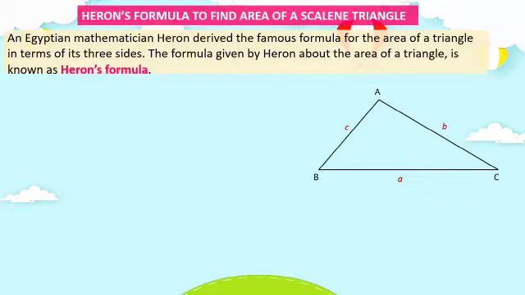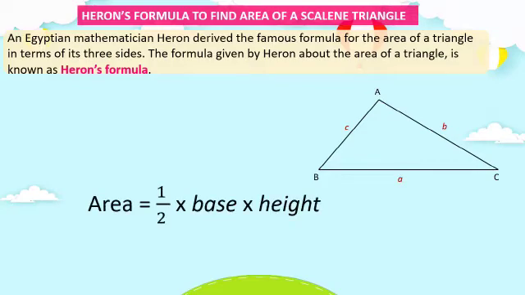Dear students, how do we find the area of a triangle? To find the area of a triangle, which formula do we use? We use the formula half BH. But look at the triangle. Can you see the height of the triangle there?